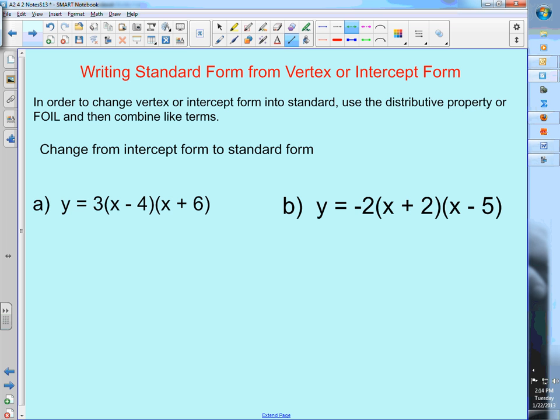Okay. Now, if you're going to be asked to do this, if you have intercept form and they want you to put it in standard form, you just need to multiply everything out. Now, there's a temptation to distribute this 3 first. Please don't succumb. Multiply your binomials first, then distribute, in this case, the 3, in this case, the -2.